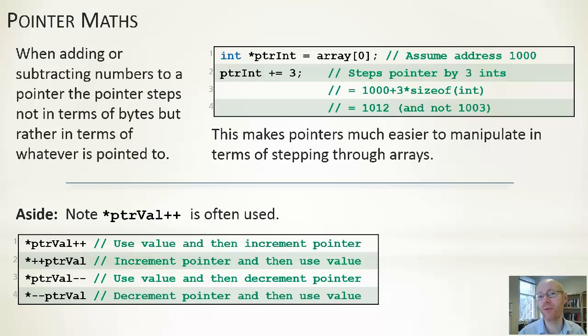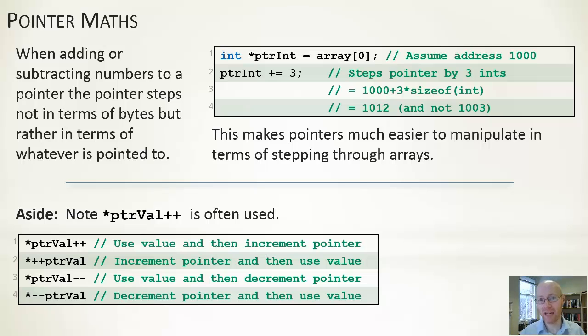At line 2, we're adding 3 to that pointer. Now, that raises the question of, well, you're adding 3 to what? Is it the memory address that you have? So you go 3 bytes along? That isn't what happens. If you add 3 to an integer pointer, you step 3 integers along inside memory. So that if an integer is represented using 4 bytes, you'll jump forward 12 bytes within memory.